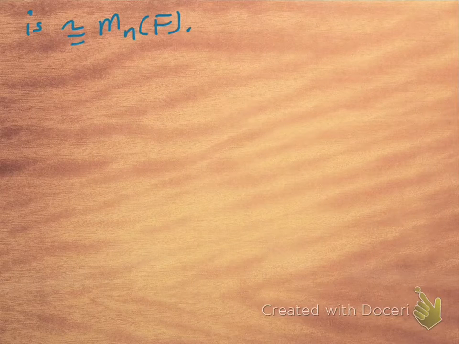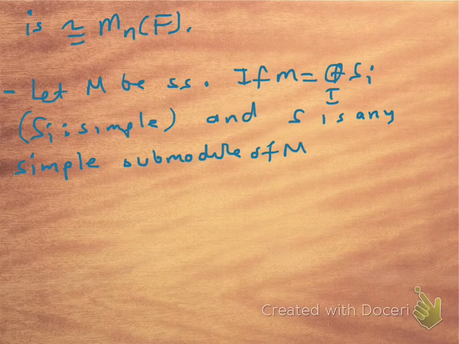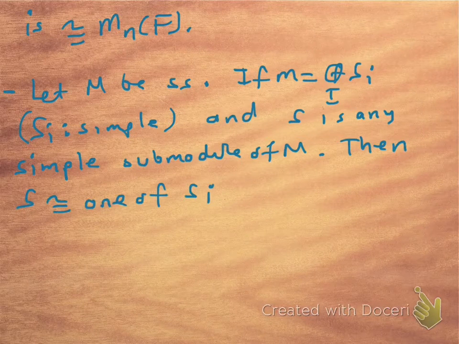Okay, now we can begin our sketch of the proof that I alluded to earlier. Take a semi-simple module M. Then assume that M is a direct sum of simples Si, and assume furthermore that S is any simple submodule of M. What happens is that this simple module S is isomorphic to one of the Si written above.